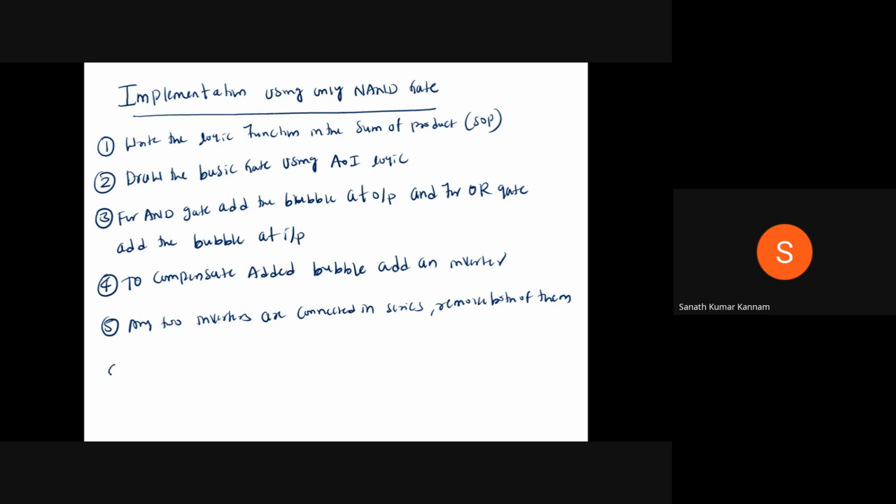And next, replace any remaining gates and inverters with the equivalent NAND and NOR. NAND implementation.